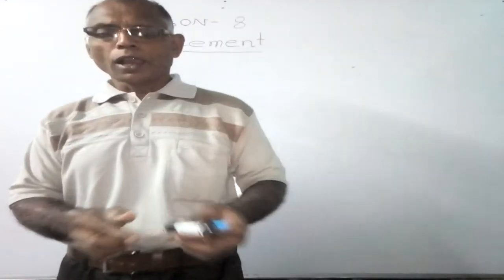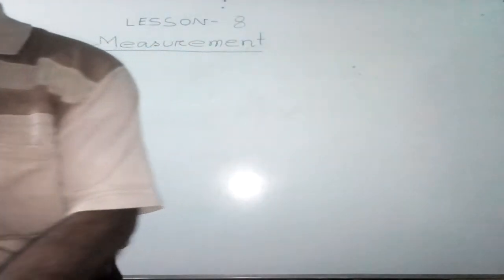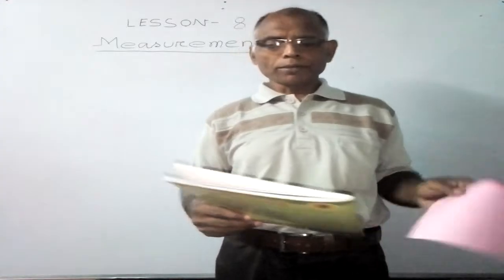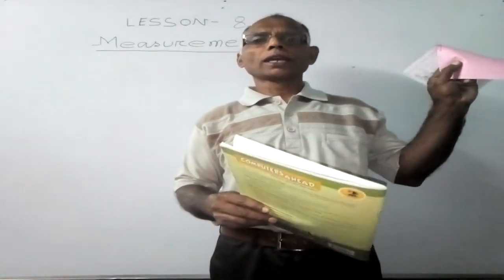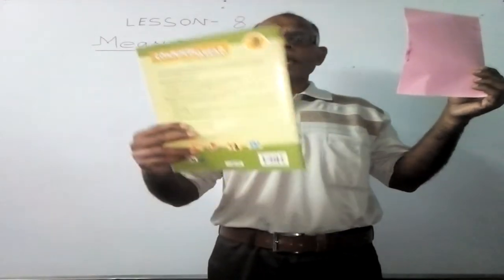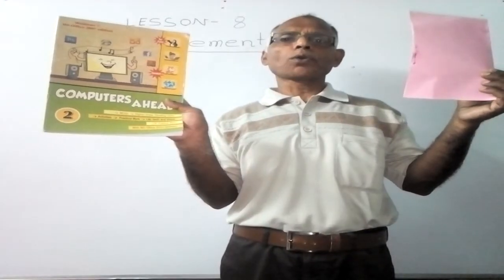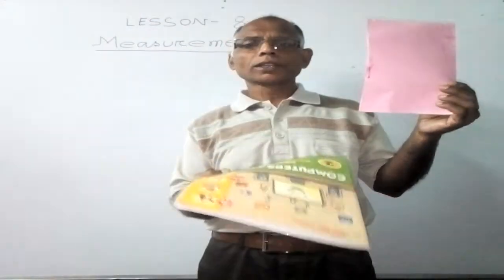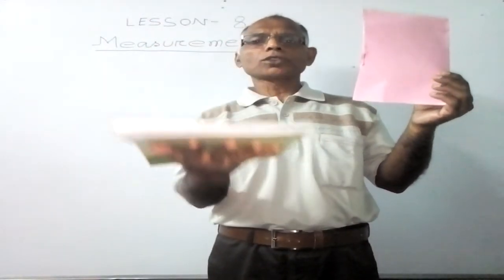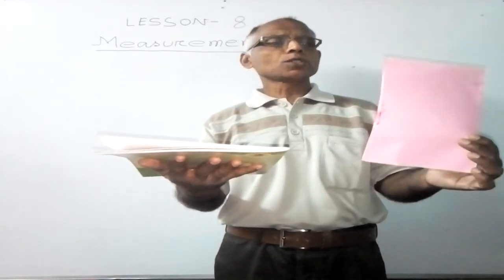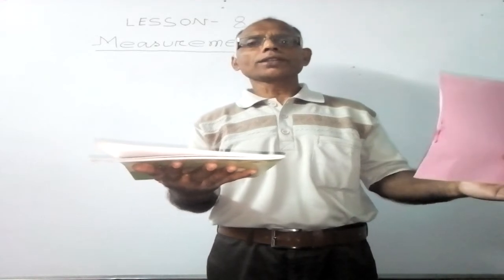Now I will teach you about heavy and light. Here I have a sheet of paper, and this one is a book. You see the weight, isn't it? The weight of this object is very heavy, and this one is lighter.